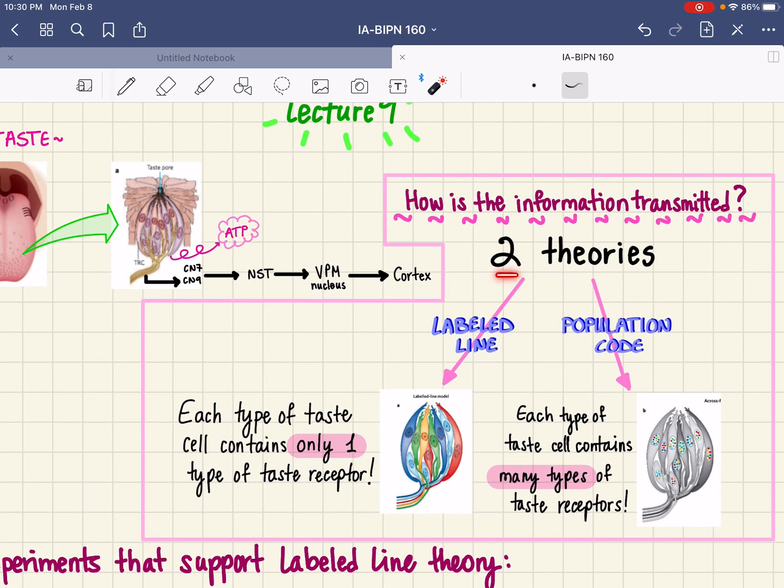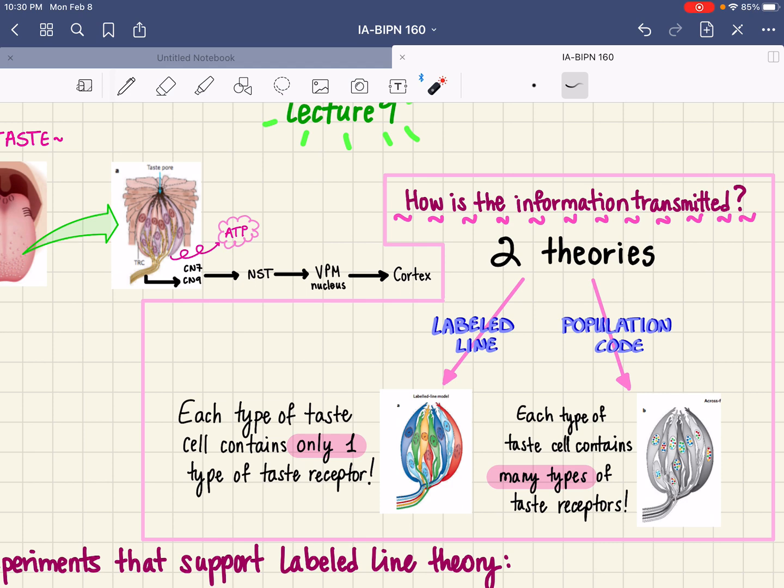There are two theories: the theory of labeled line and the theory of population code. Labeled line is the theory that tells us that each type of taste cell, so each one of these guys, contains only one type of taste receptor, meaning there are only the same types of receptor on each cell, and that type of receptor responds to only one type of molecule.